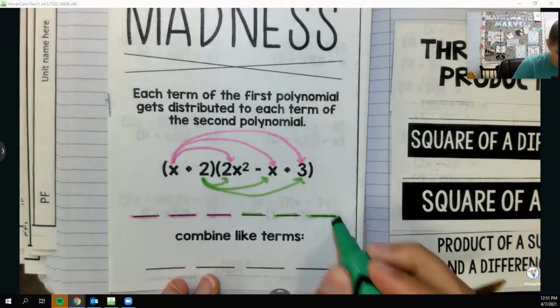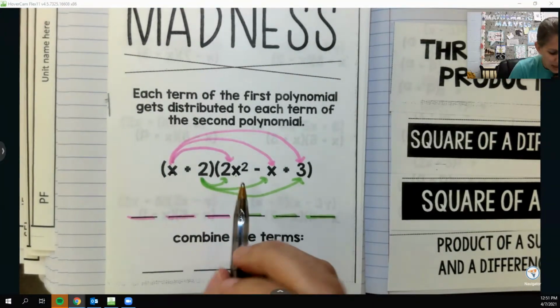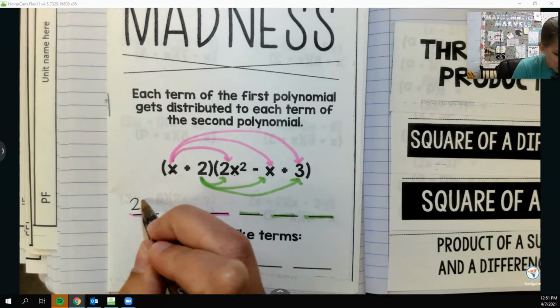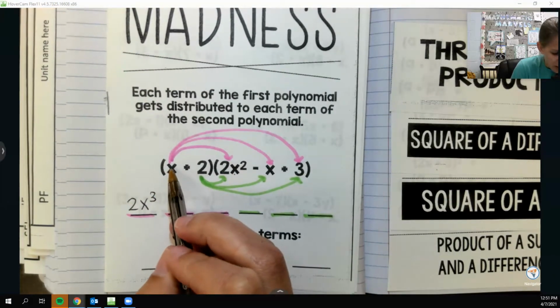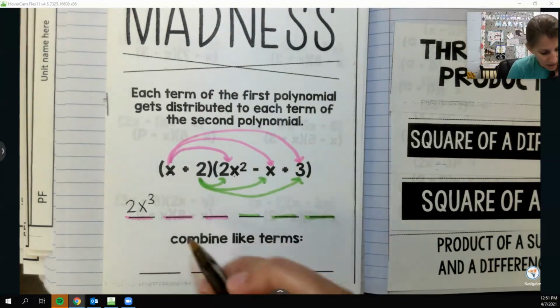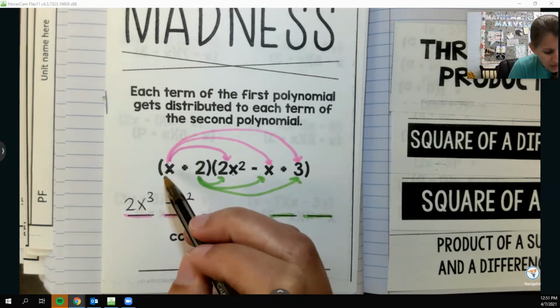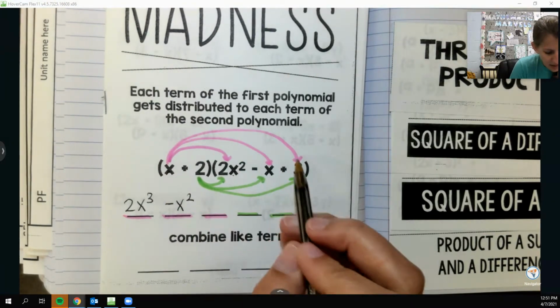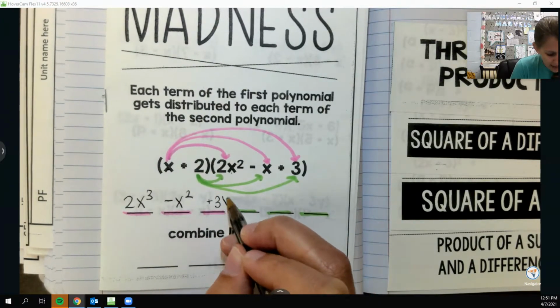So x times 2x squared will be 2x to the third. X times negative x will be negative x squared. Then finally, x times 3 will be a positive 3x.